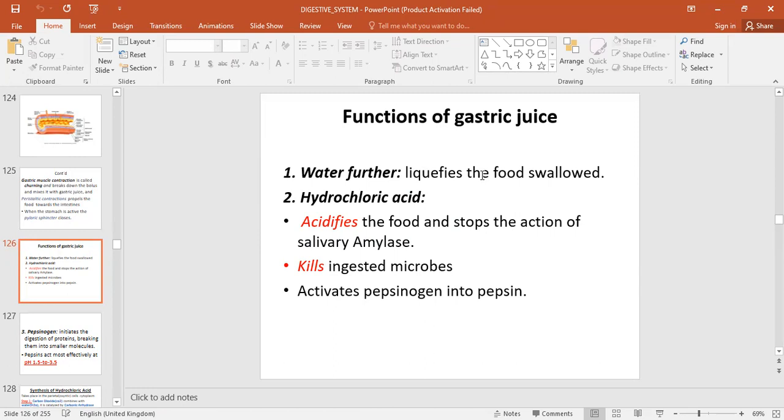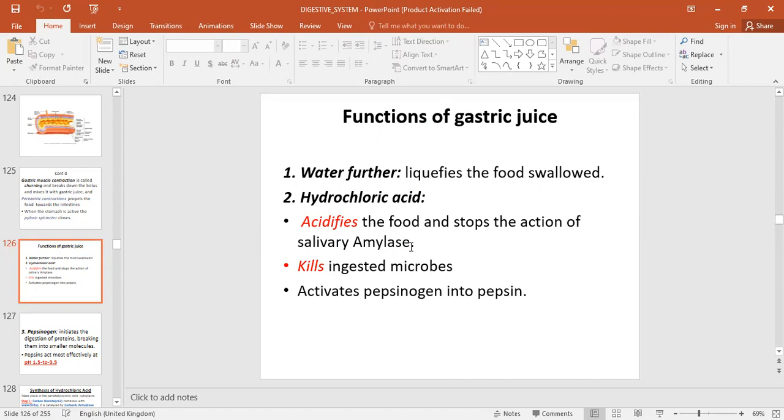So whatever food we have eaten, whether it is solid, liquid, or semi-solid, it has to be added with water for easy chemical digestion. What does hydrochloric acid do? Hydrochloric acid acidifies the food. Remember, saliva is alkali, but pepsin and gastric lipase work in acidic environment. So that's why hydrochloric acid is produced.